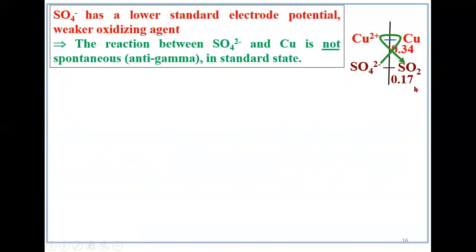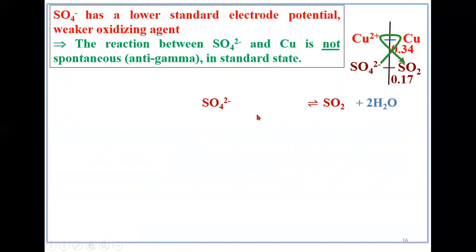But they wanted you to write the reaction anyway. So if I want to do the reaction, I have no choice but to make the sulfuric acid my oxidizing agent and my copper the reducing agent. Why? Because I only have copper on the right-hand side, so it's the only thing that could be reduced.